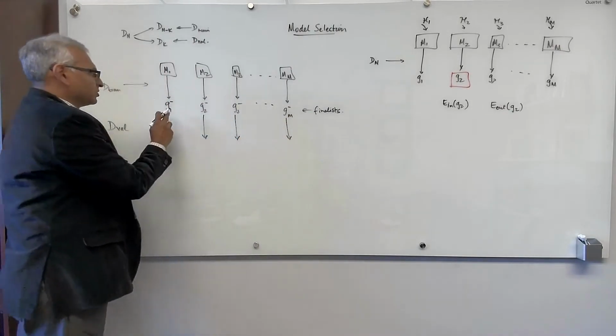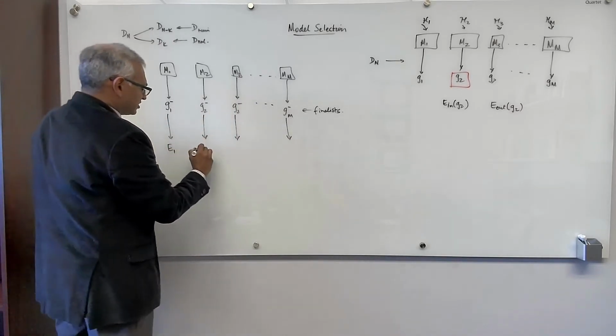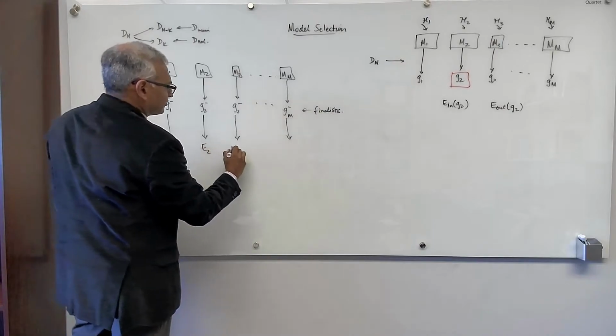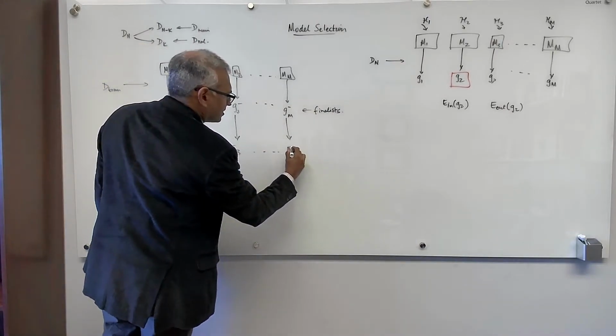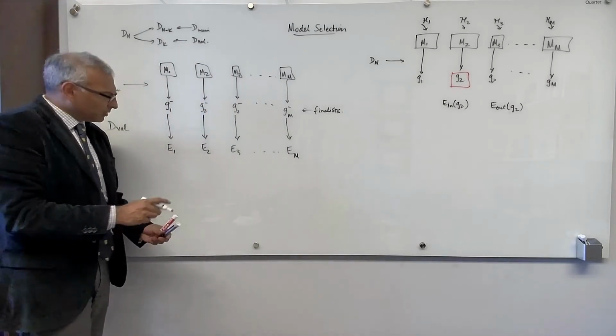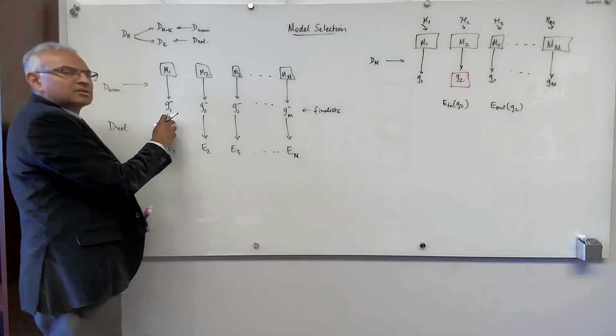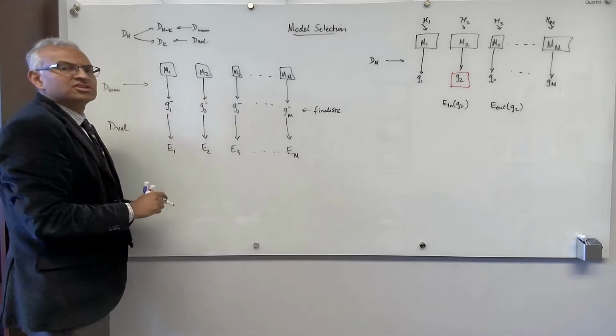And they will each produce a validation error. Let me call this guy's validation error E1, this guy's validation error E2, and E3, and so on, E_M. Now let me remind you, what are these validation errors estimating? These validation errors are estimating the out-of-sample error for the deficient hypotheses.